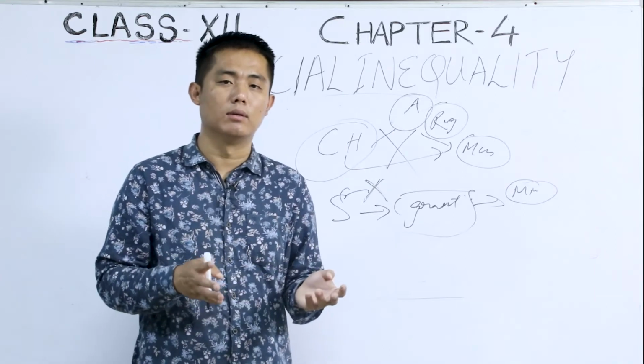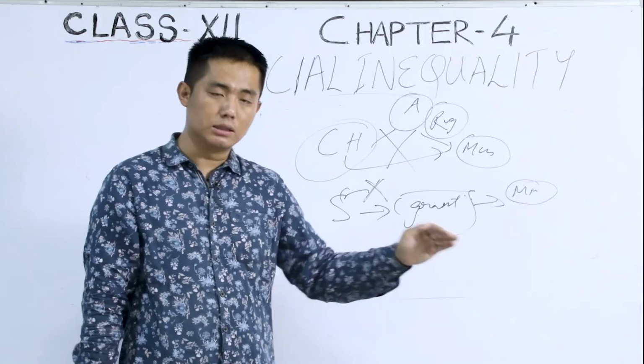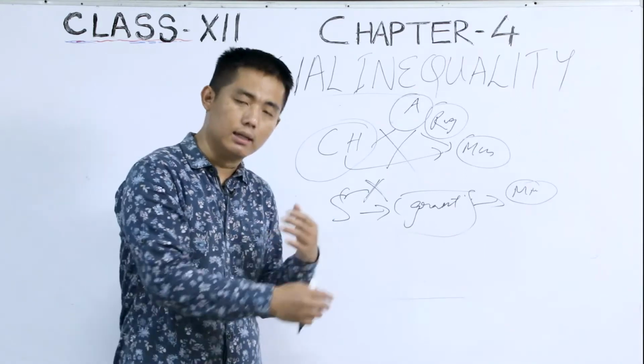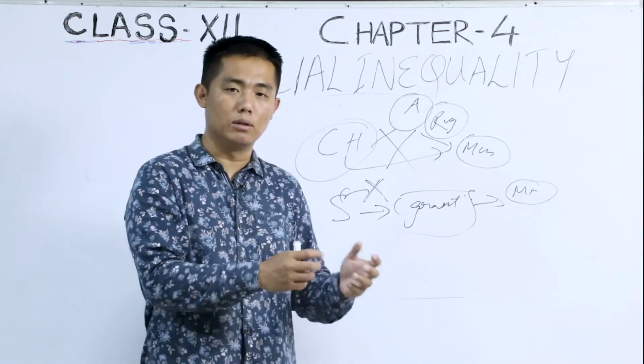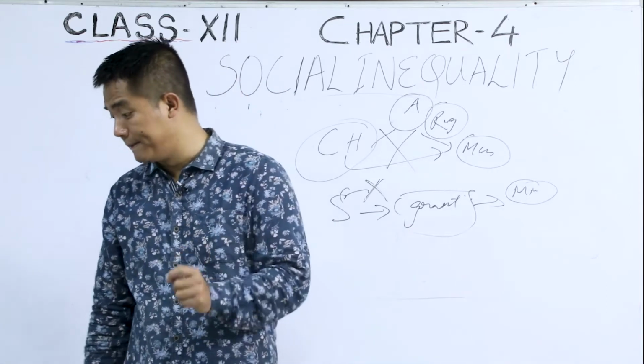At the primary level of education, till class 1 and class 2, the teacher can give a few instructions in the student's own dialect. That is what it means here.